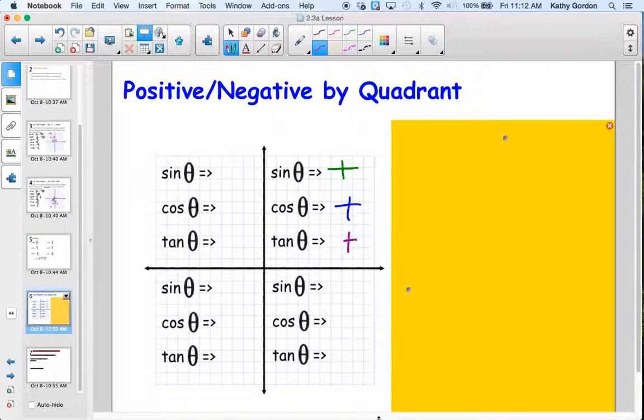Y coordinates in the second quadrant are what? Positive. So if I'm looking for sine, I should expect sine to be positive. Cosine, that's going to be negative because in the second quadrant, x coordinates are negative. We're on the left side of the axis. So if cosine comes from x over r, and r is always positive, having a negative over a positive means I end up with a negative cosine value in the second quadrant.